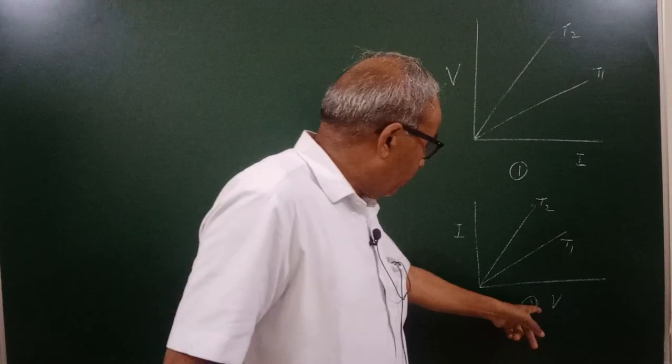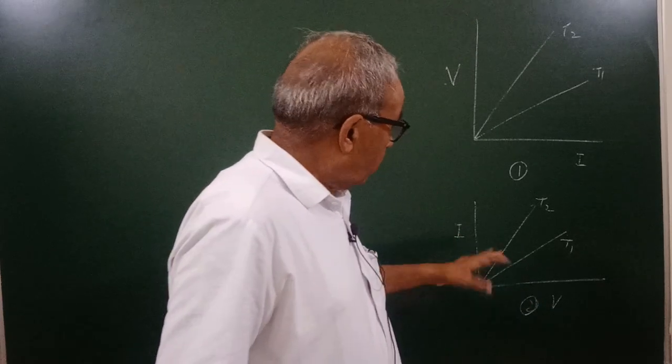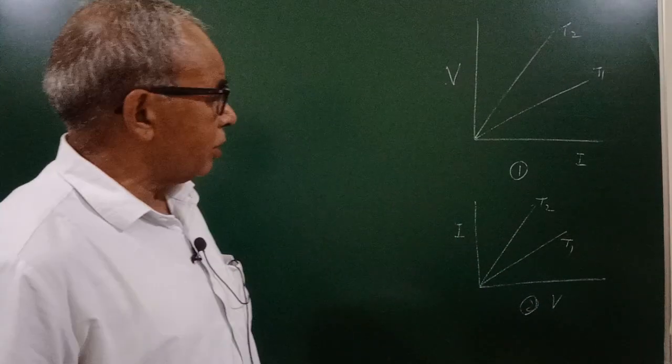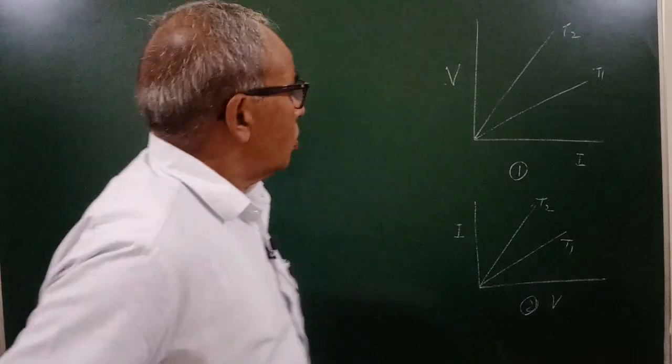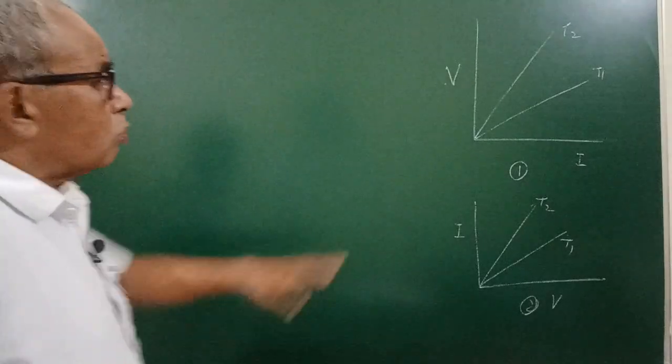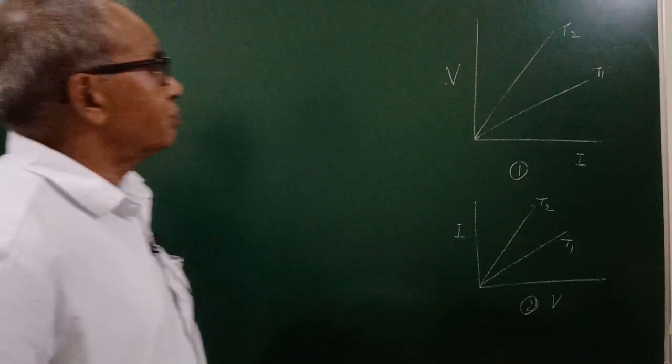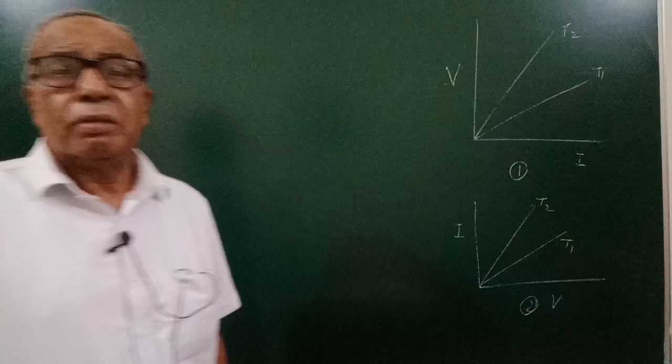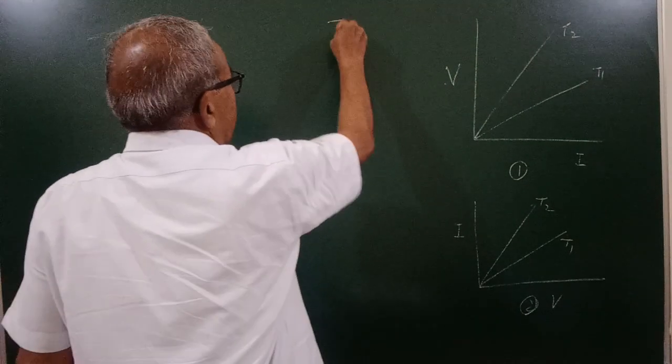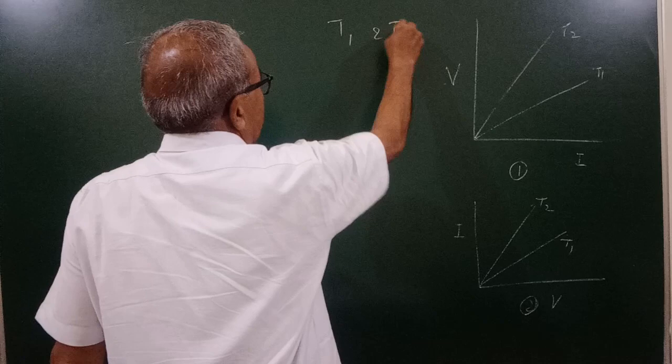Here in figure 2, the PI graph for again a given conductor at T1 and T2. So which temperature is higher, T1 or T2, in figures 1 and 2?